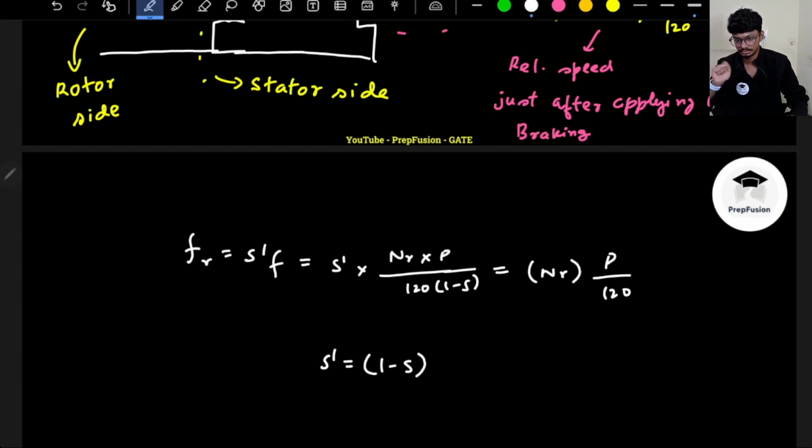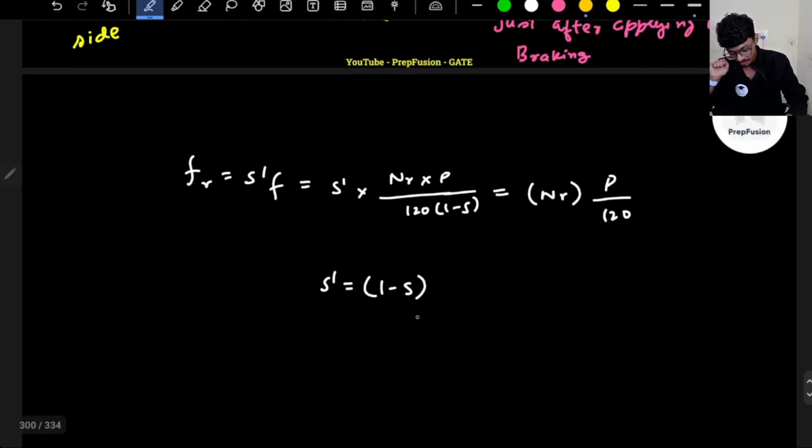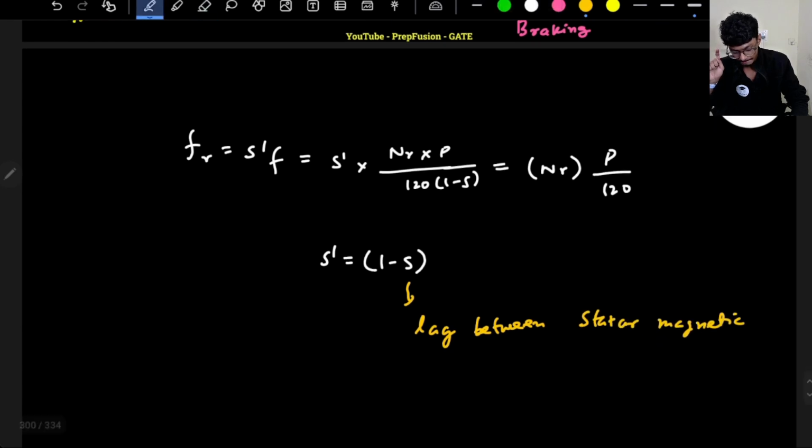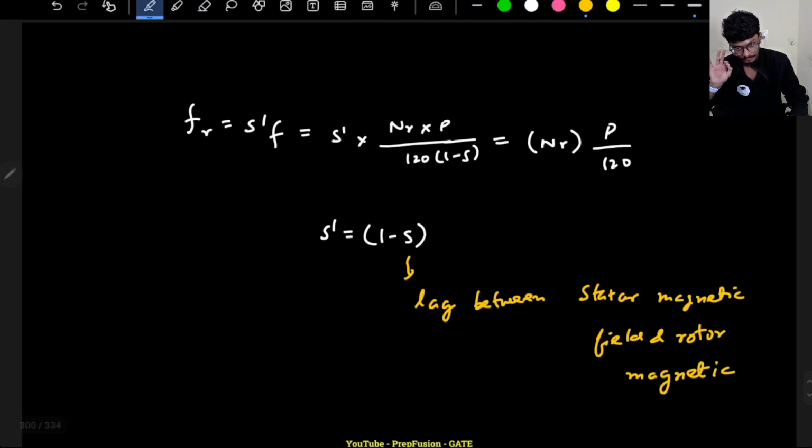Kind of does. Why? What is slip actually? Slip actually tells me the lag between the stator magnetic field and rotor magnetic field, right? This is the fundamental definition of slip.